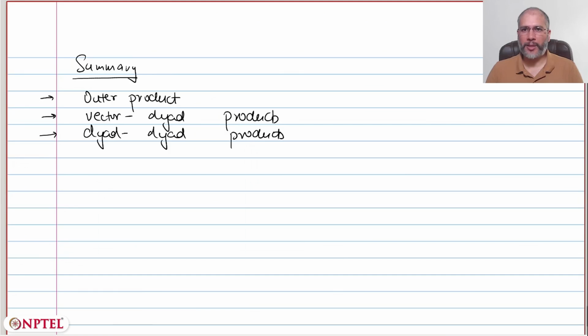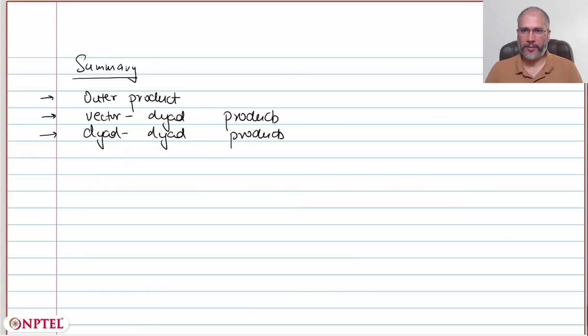I gave you some practice of indicial notation, and at the same time I defined some products of different kinds, and also showed you a pattern equation where every dot or every inner product results in a minus 2 in terms of order, and in the outer product there is no minus 2, so the orders simply add as expected.